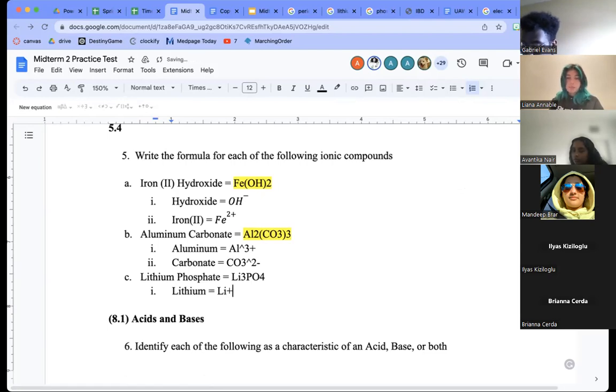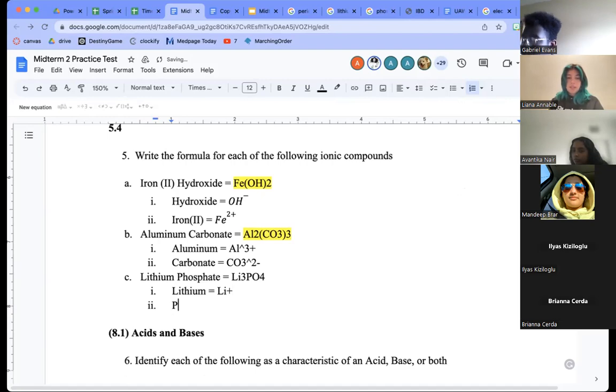Yeah, +1. And phosphate is a polyatomic ion. And what charge does it have? Yep, -3.